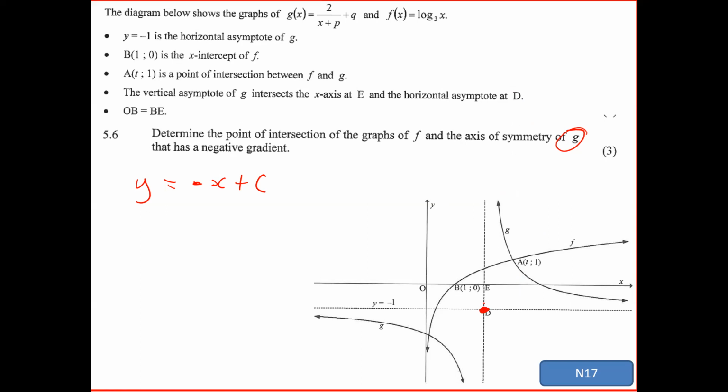Okay, it actually intersects at the point D. And we know that the point D is 2, minus 1. Okay, so we can substitute that in. Y is negative 1.